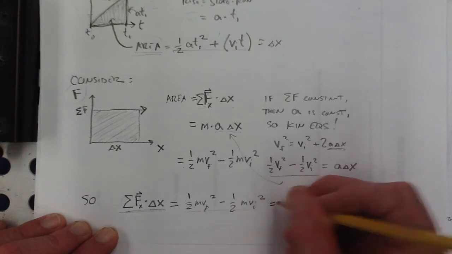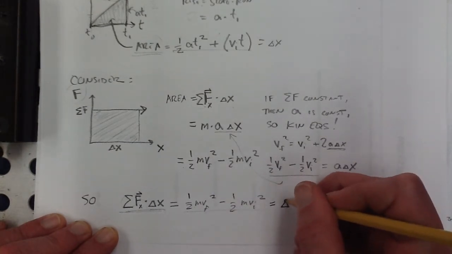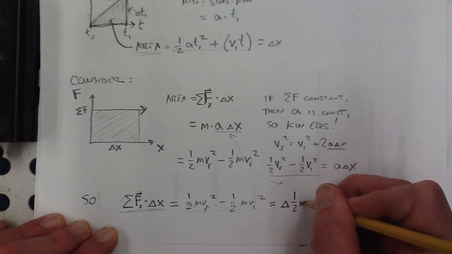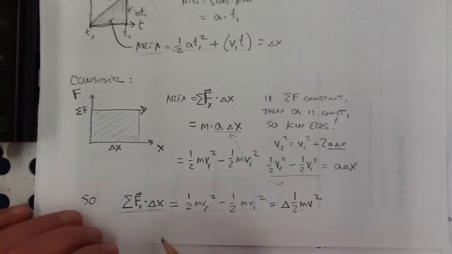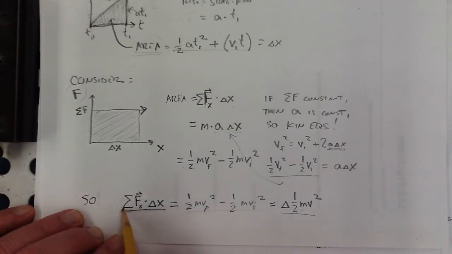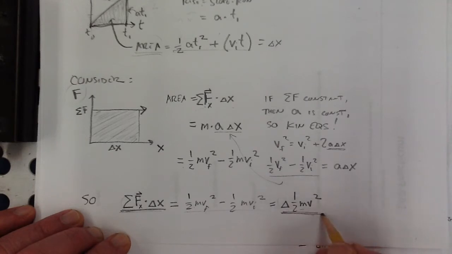Of course, that's the same as delta of 1/2 m v squared, because the mass of the object is the same all the time. We could just go about our business and leave these things as such. But there's a very strong suggestion here that maybe these are physical quantities that deserve to be named and considered special enough that they deserve names.